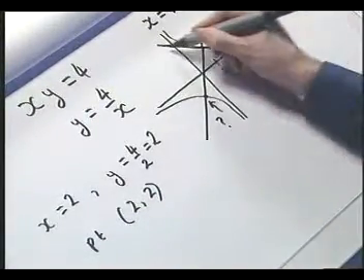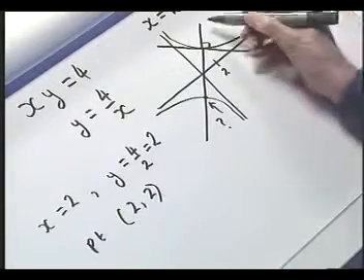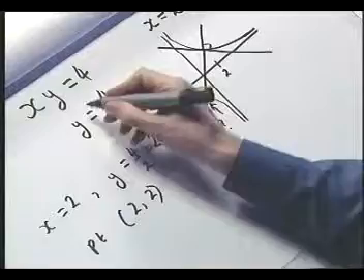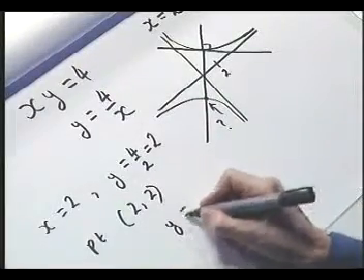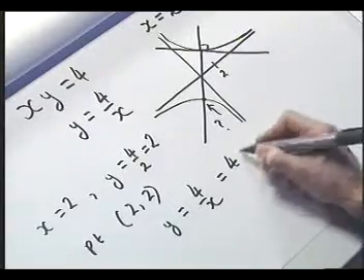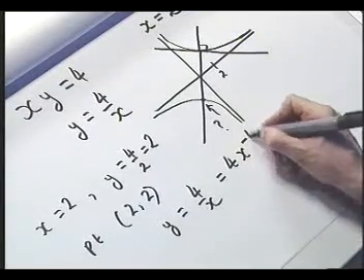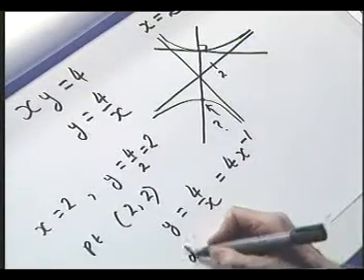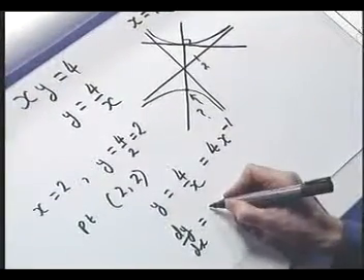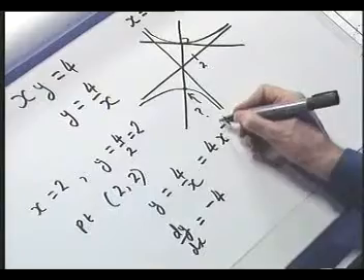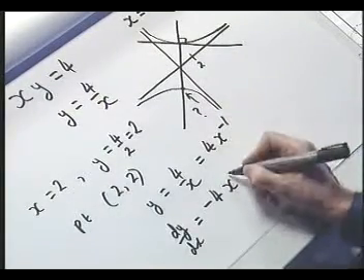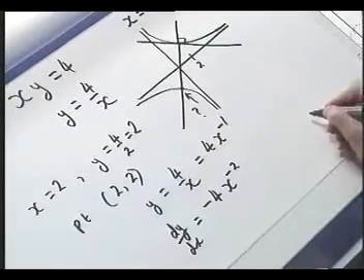Next, we want the gradient of the tangent in order that we can find the gradient of the normal. So here we have y equals 4 over x, which is 4 times x to the minus 1. I'll differentiate that. dy by dx equals minus 4 multiplying by the minus 1, and then taking 1 off the index, that gets it to be minus 2.